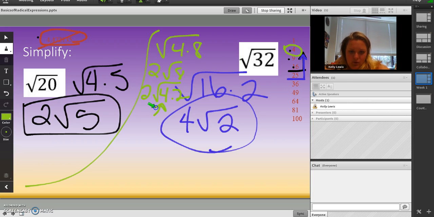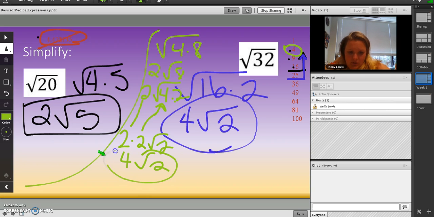And so this 4, I can take out as 2 again. So I have that 2, and I have that 2, and then the 2 stays in jail. 2 times 2 is 4 square root of 2. I still get the same thing. So if you don't take out the biggest perfect square, it's totally fine. You just have to keep going, and you'll have multiple steps.